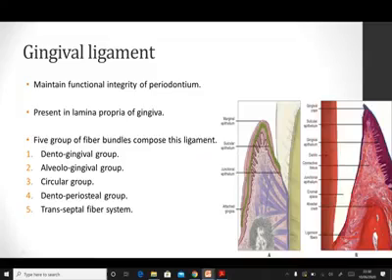So this light pink region, all of this is your lamina propria, and then here you have the alveolar bone, which this soft tissue is basically covering. So the alveolar bone is covered by the lamina propria, the supporting connective tissue, which is supporting the epithelium, which basically makes the lining of your oral cavity.